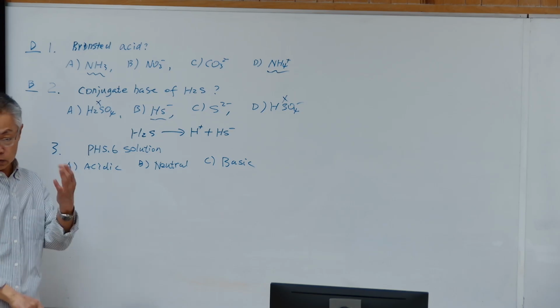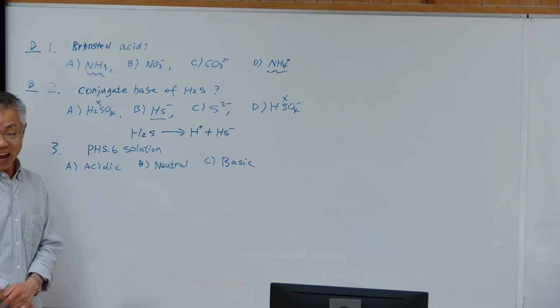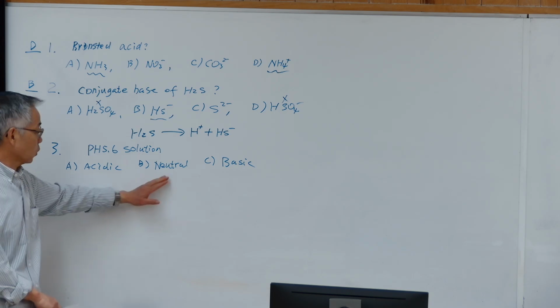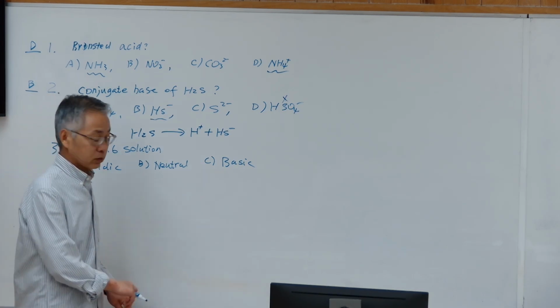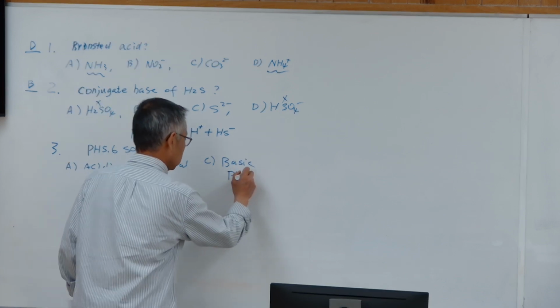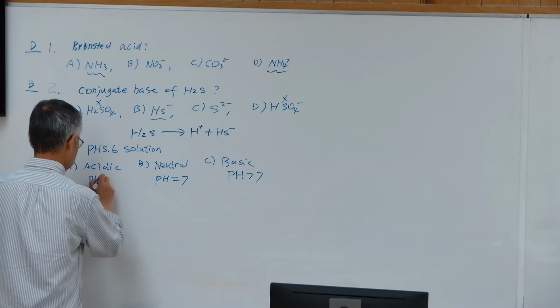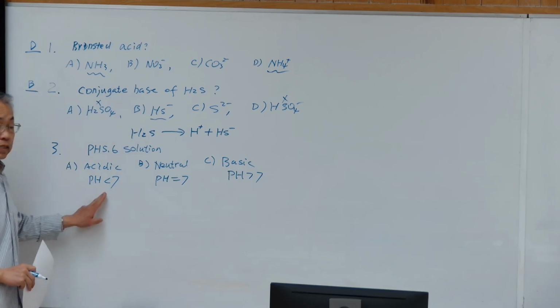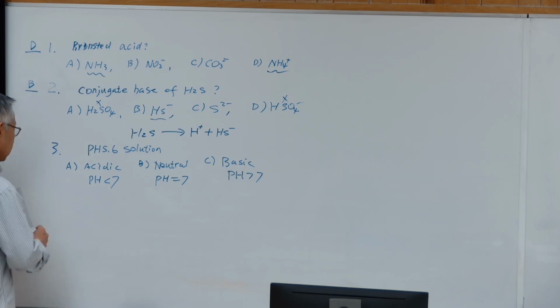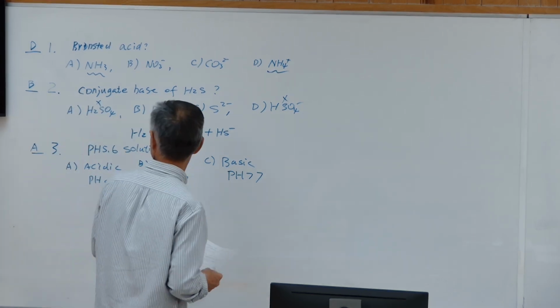So pH maximum is 14. If pH is less than 7, this is acidic. pH at 7, neutral. pH higher than 7, basic, right? Then pH 5.6, less than 7, acidic. No question about it. This is an acidic solution.